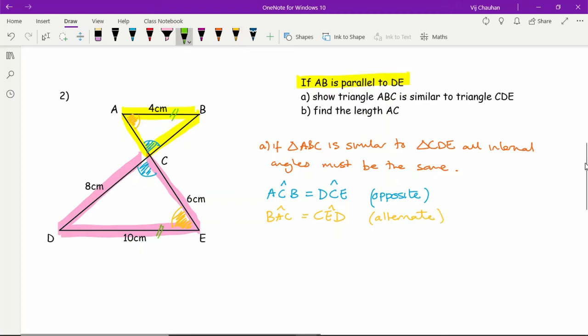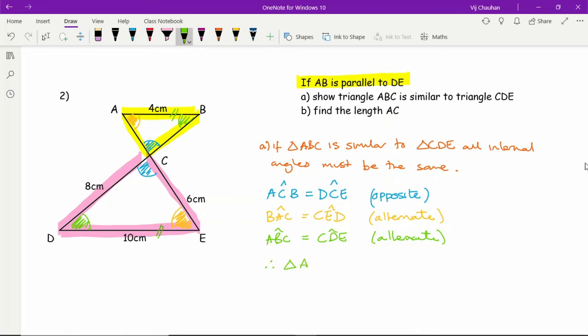And likewise, if I look at angle ABC and CDE, that's also going to be the same because they're also alternate. So angle ABC is equal to CDE, and because they are alternate.